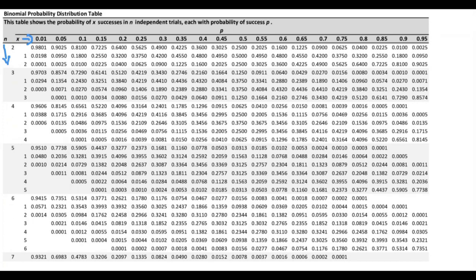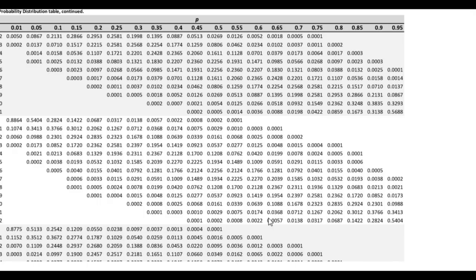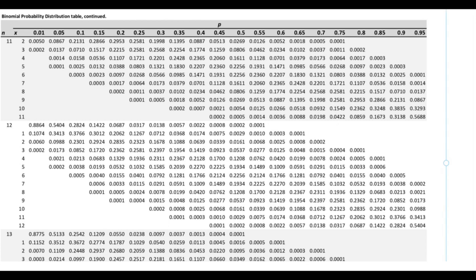So here n equal to 12. We have to choose n equal to 12 and p equal to 0.1. This is the p value and the x value is inside here.